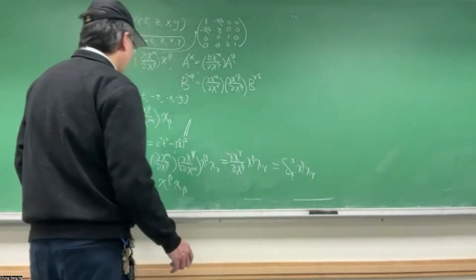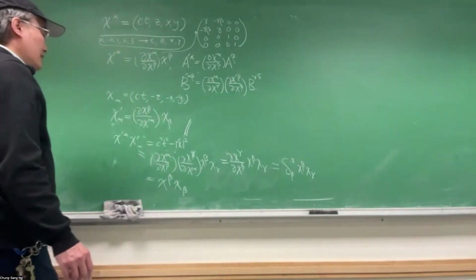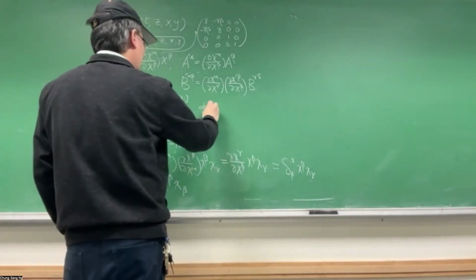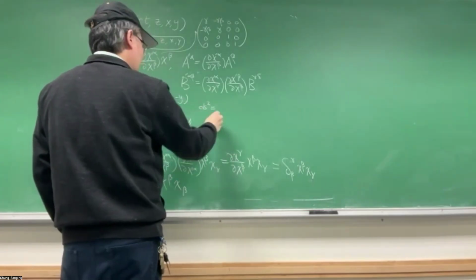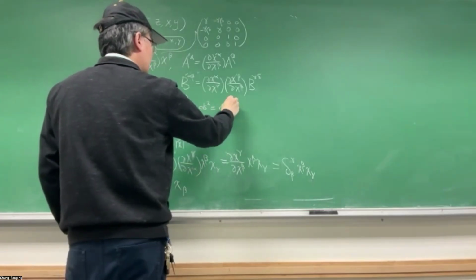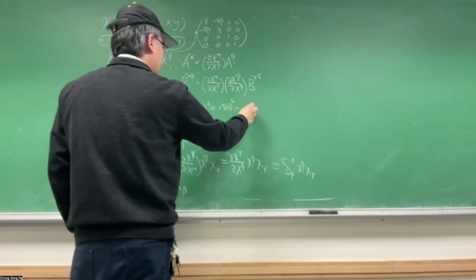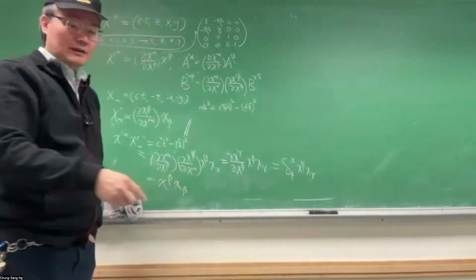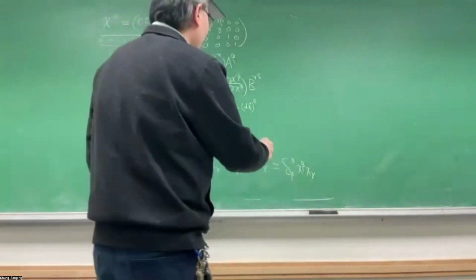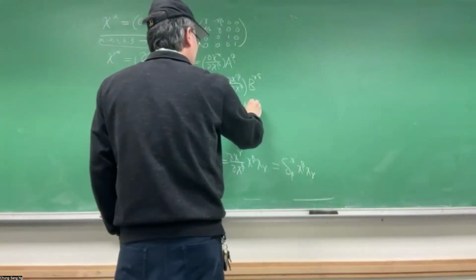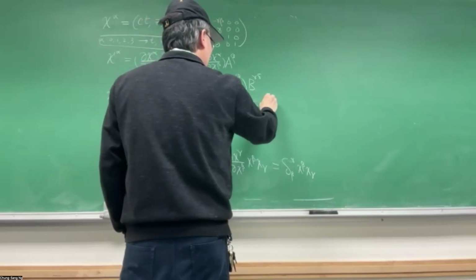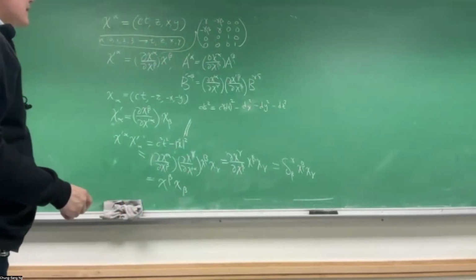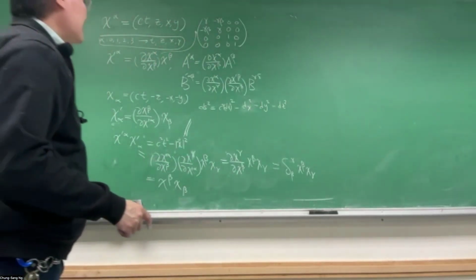You want to consider a small increment. So what we call ds squared, which we defined before, is c squared dt squared minus dx squared, or you can write explicitly dx squared minus dy squared minus dz squared.